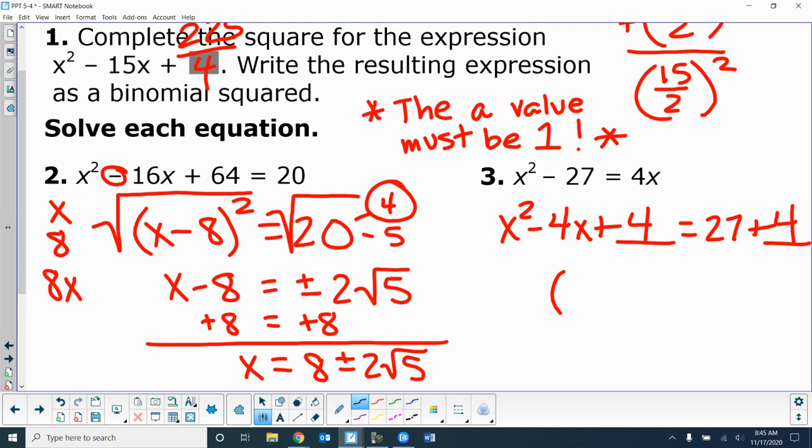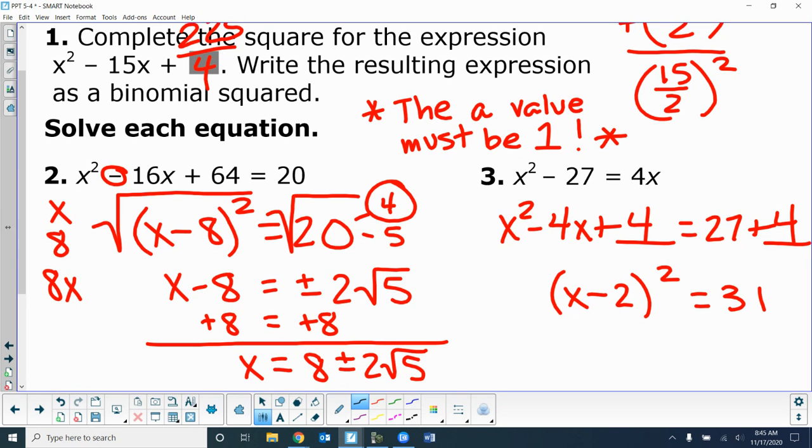So again, I can factor it now to look like that. So I get it to look like this one. Then I can take the square root of both sides. Again, it's just the square root of x squared, whatever's in front of the b, and the square root of that number squared, and then just add those together. That's 31.